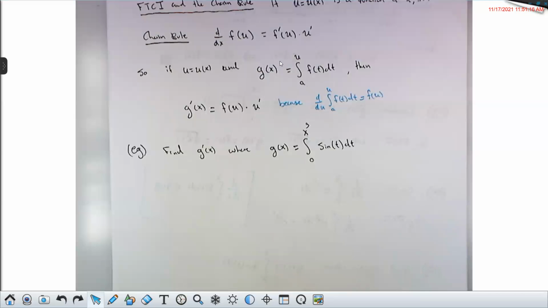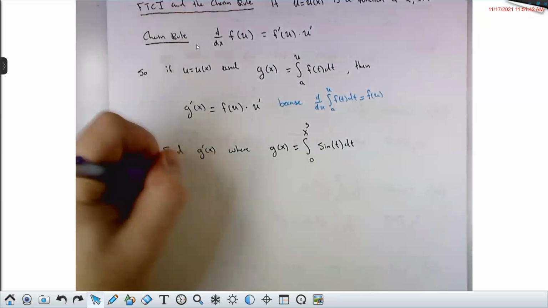And I agree, the notation is confusing. I think once we have FTC2, I'll be able to show you this kind of in light of that, and it will be a little easier to understand. So let me get through this example, then I'll give you FTC2, and we'll have a new way to think about it.